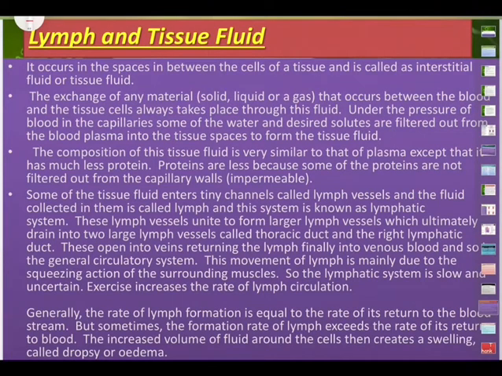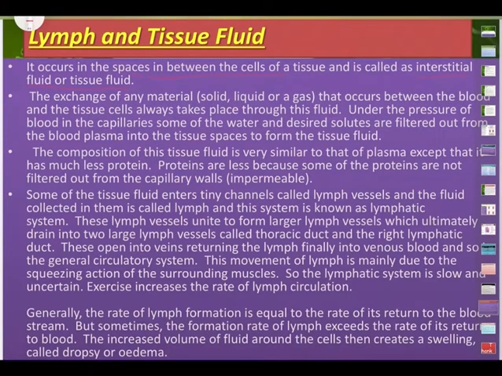So we were studying ECG in our previous class, and now we focus on another liquid which also flows in our body. It is one of the body fluids, and that's called lymph. It occurs in the spaces between the cells of a tissue, and it is called interstitial fluid or tissue fluid.